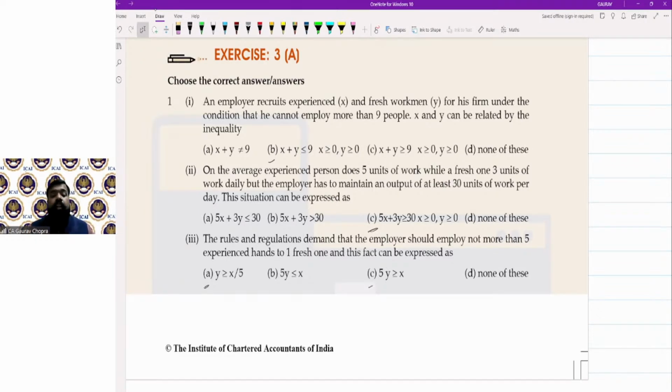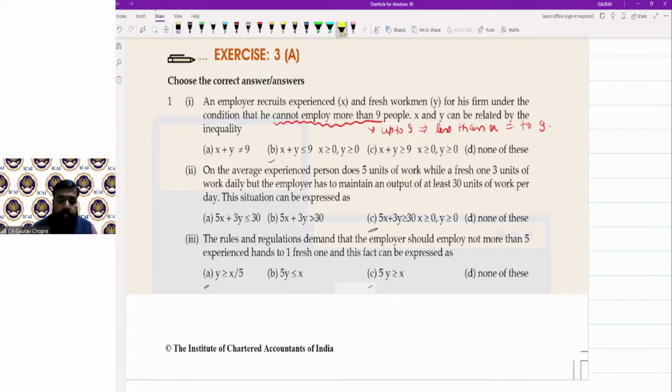What is the limitation? He cannot employ more than 9 people. Cannot employ more than 9, that means up to 9 it can be there. Up to 9 means less than or equal to 9. So X plus Y should be less than or equal to 9.